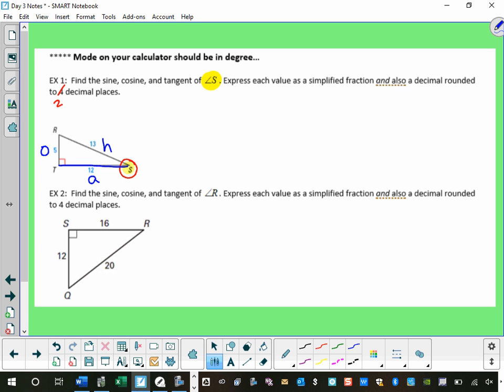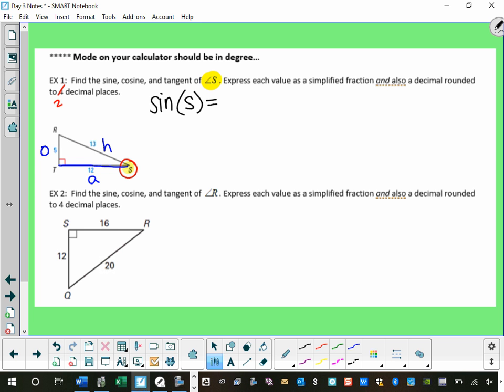Okay, so let's do my sine, cosine, and tangent. They want sine of which angle? S. So let's write sine of S. For sine, look at your cheat sheet. Do I need opposite, adjacent, or hypotenuse? Opposite over what?